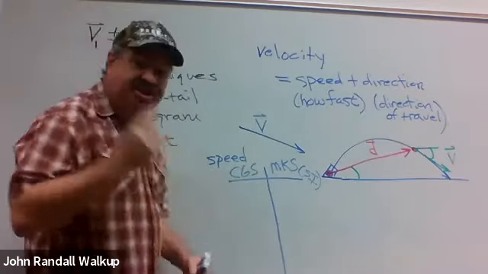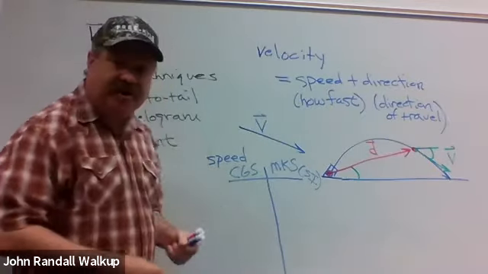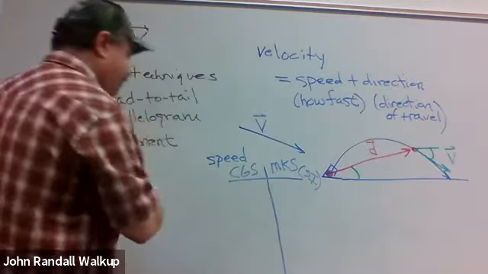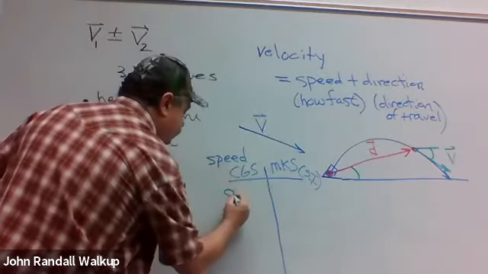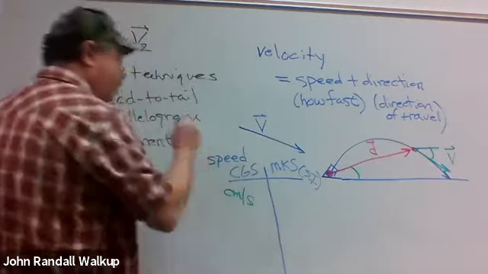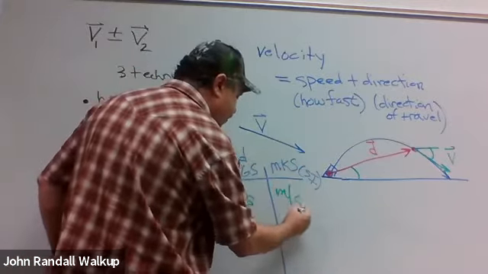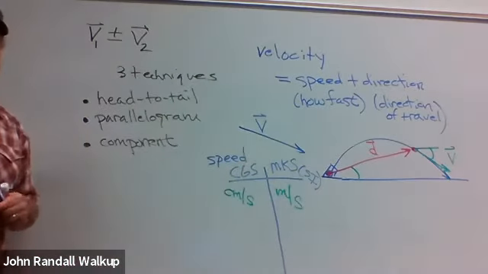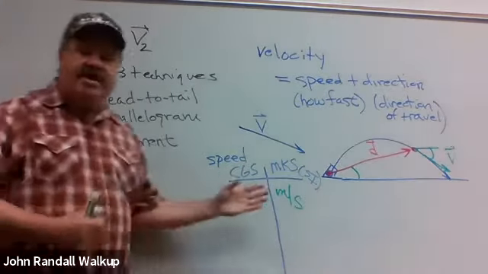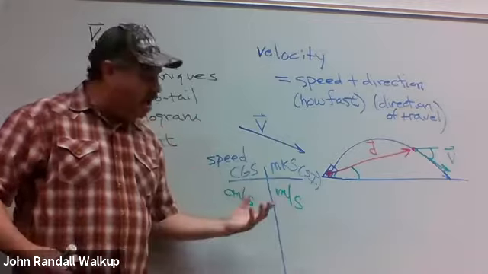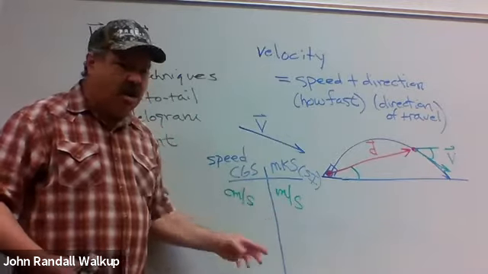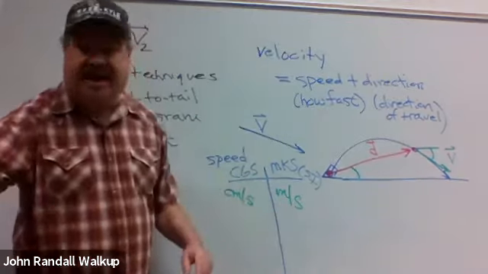The CGS unit is centimeters per second. And the MKS is in meters per second. And you should have a good handle on about how fast these things are.